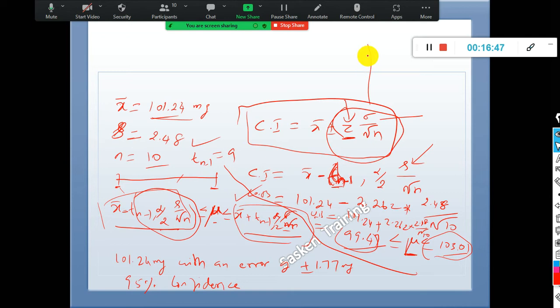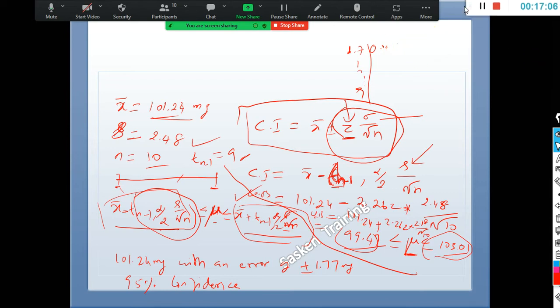If you look at the t distribution table, you have the degrees of freedom here, 1, 2, 3, etc. But in our case it is 9, right? And here you have the alpha value. The alpha value starts from something like 0.40 and goes on, and you will find somewhere 0.025, because alpha is 0.05. This is what I discussed.